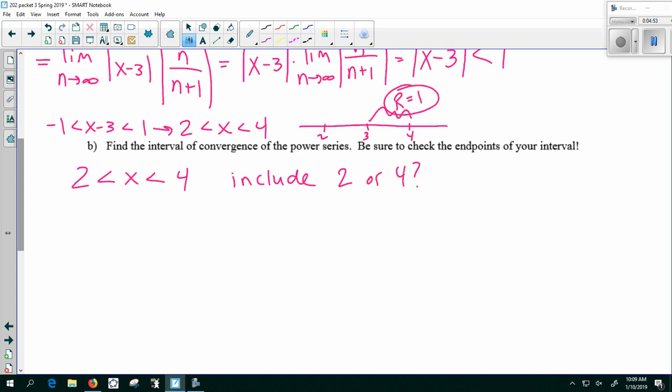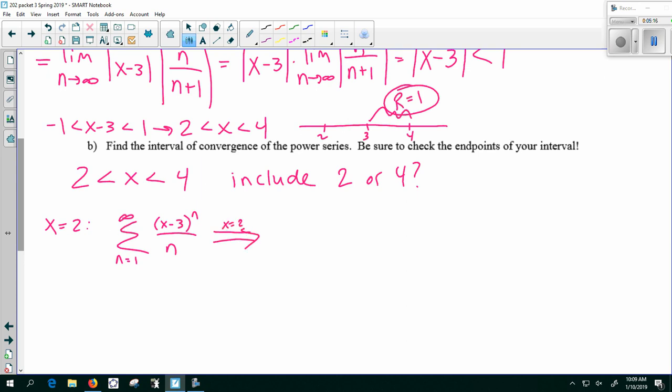So we check x equals 2 by just plugging it into the original series. My original series was the sum of (x minus 3) to the n over n from n equals 1 to infinity. I'm going to put in a 2 for x now.